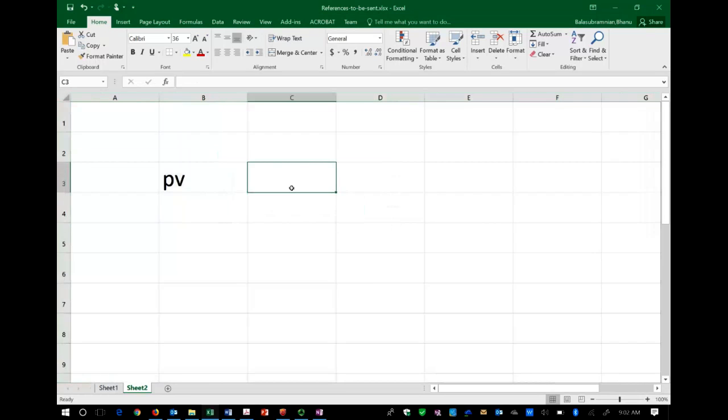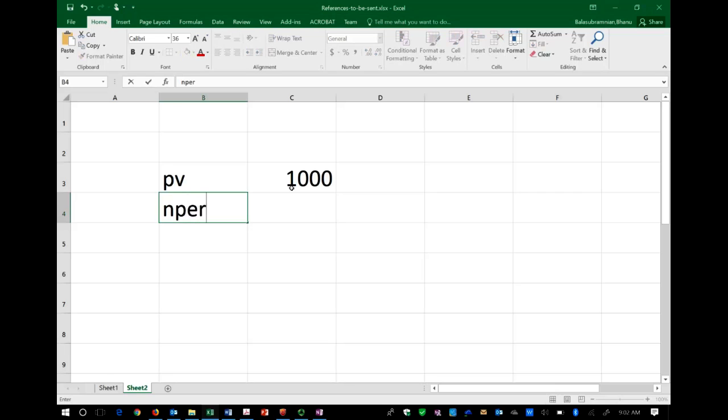So, present value is $1,000, that is the value that I have today. Number of periods. In your Excel spreadsheet, number of periods is defined as nper. Number of periods is how much? 30.